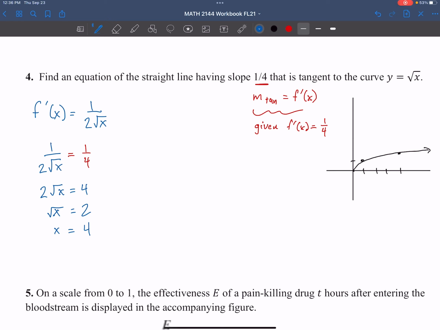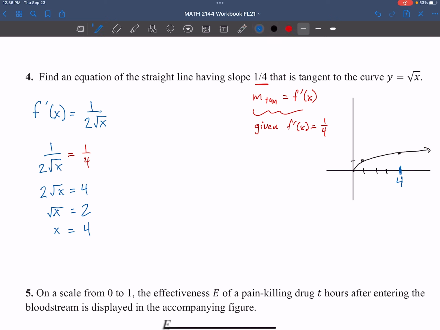So what this is saying is right here, at x equal to 4, if we draw this tangent line right here, it's not drawn perfectly to scale. It's a little hard, but it looks something like this, and is going to have a slope of 1/4. But let's actually get that equation now.